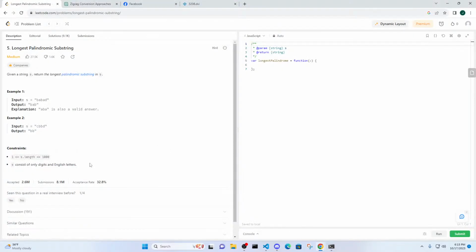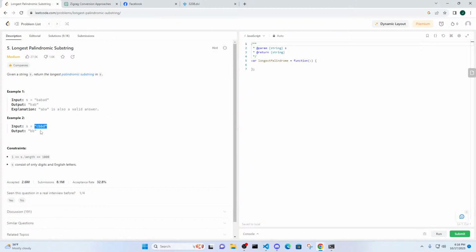So the problem is longest palindromic substring. Given a string S, return the longest palindromic substring. In this first string, we have BAB and ABA, and those are both of length 3. We also have just A, since each character individually is a palindromic substring too.